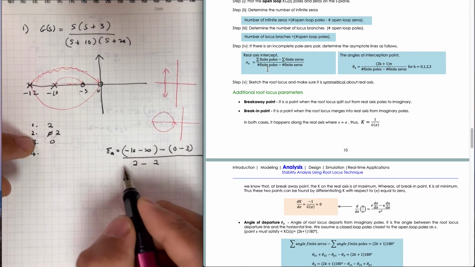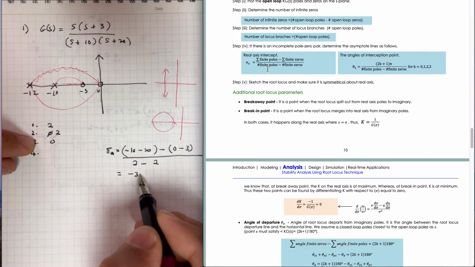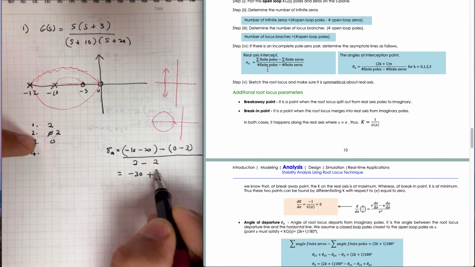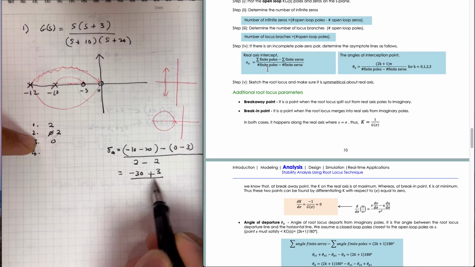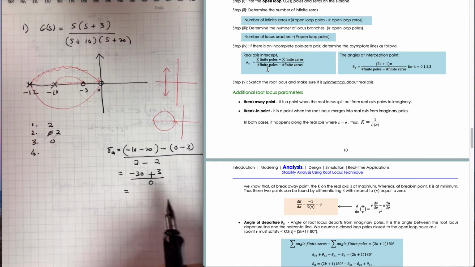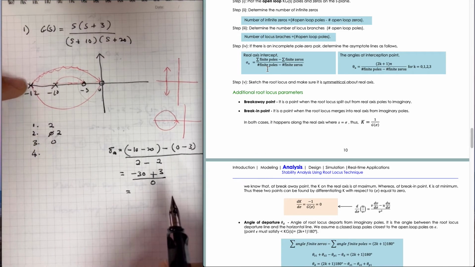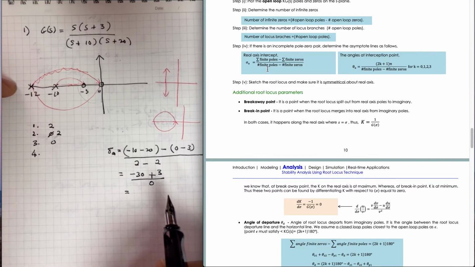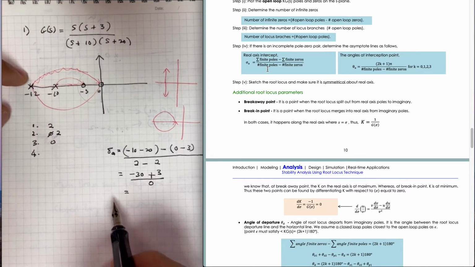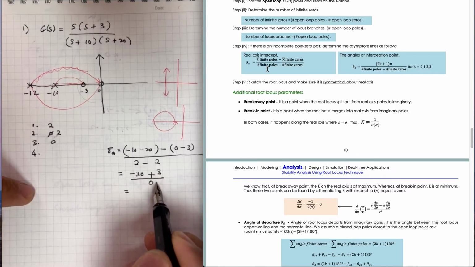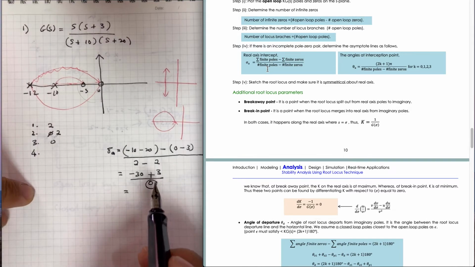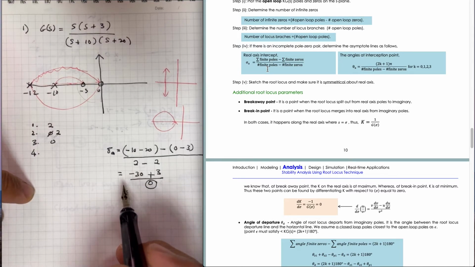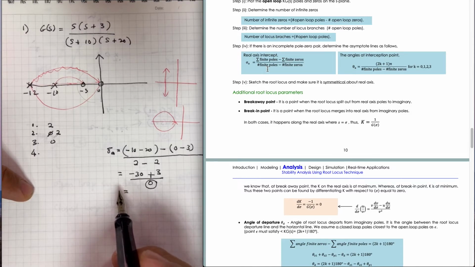So this one is minus 30 plus 3, this is 0, right? So if we have a complete pair, that part becomes 0. We can't determine the angle.